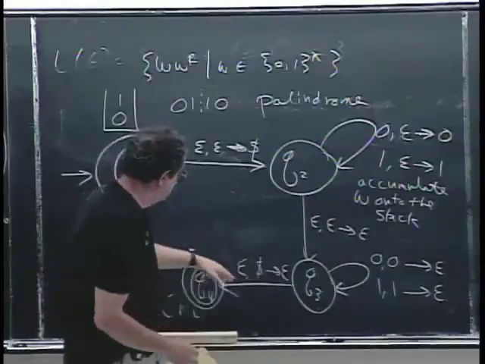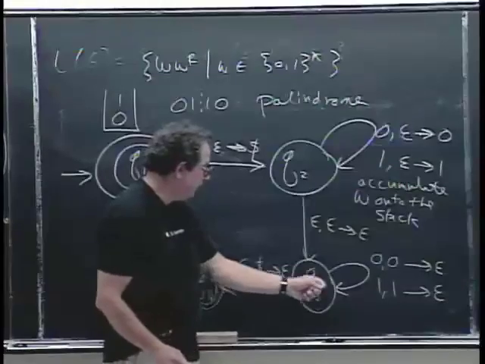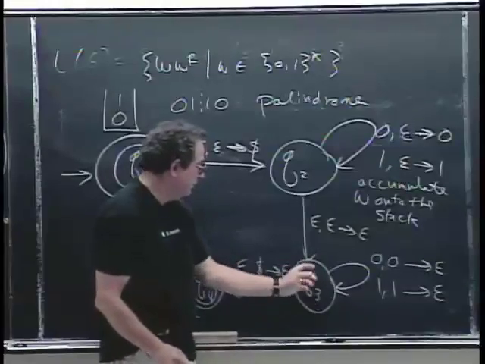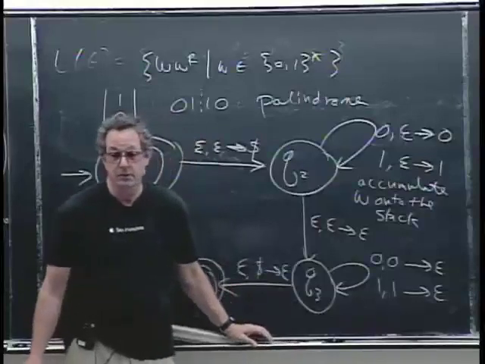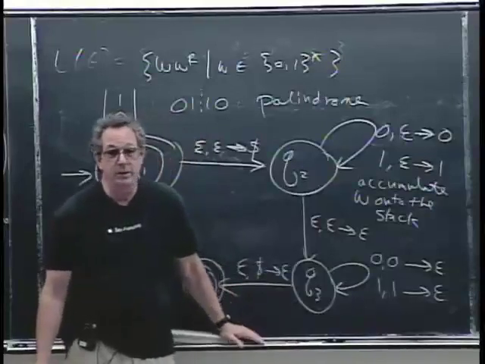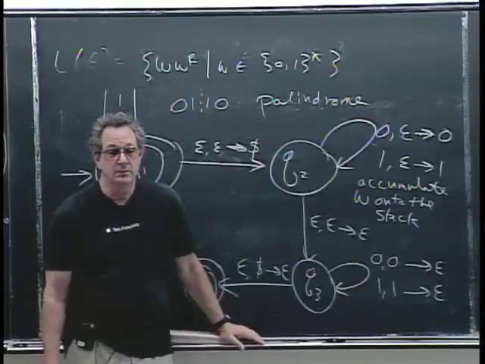Okay, so now you see everything out of Q3. So what happens if you read a symbol on the tape, let's say a 0, and what's on the top of the stack is a 1? That computation dies off.